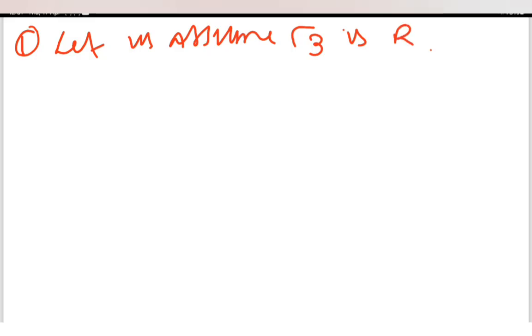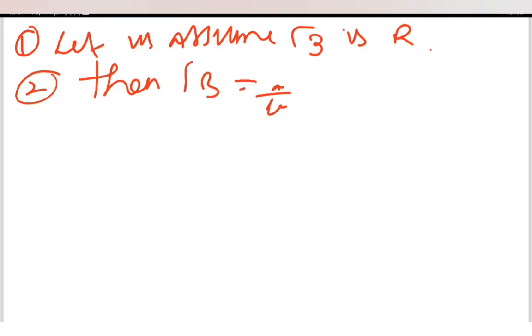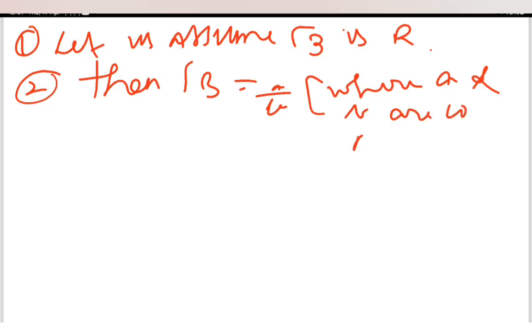The second statement would be, then the given number, that is root 3, is equal to a by b, and we have to write where a and b are co-prime.